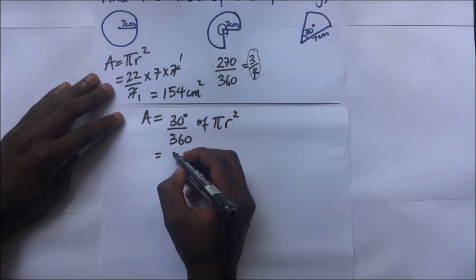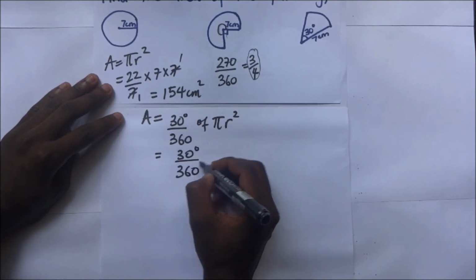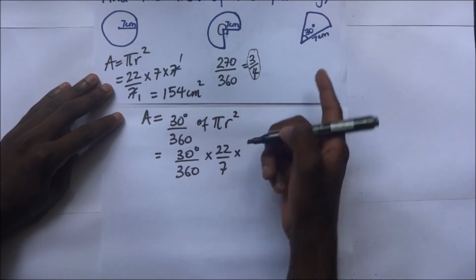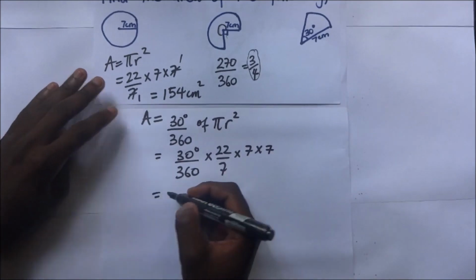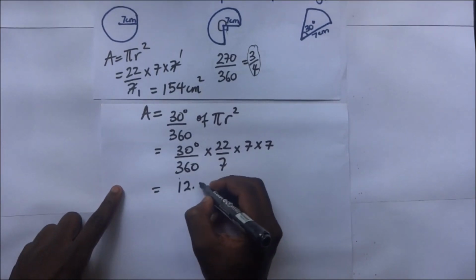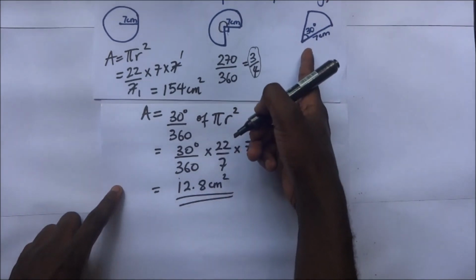And that is going to be giving us 30 over 360 multiplied by pi, which is 22 over 7, times the radius, which is 7 times 7. And when you compute all that, you're bound to get 12.8 centimeters squared as the area of that sector.